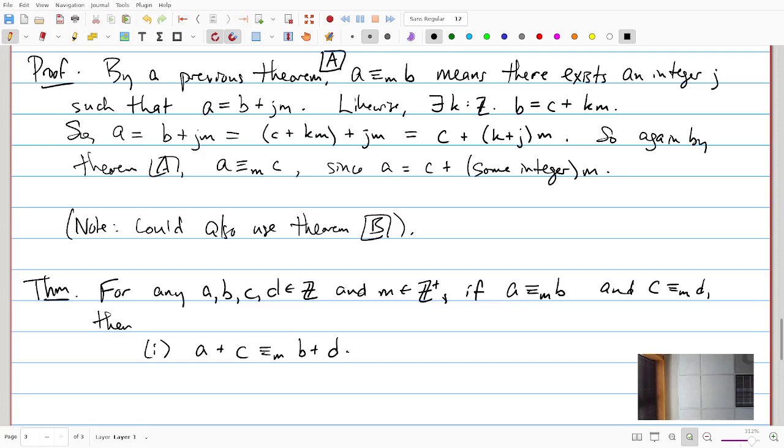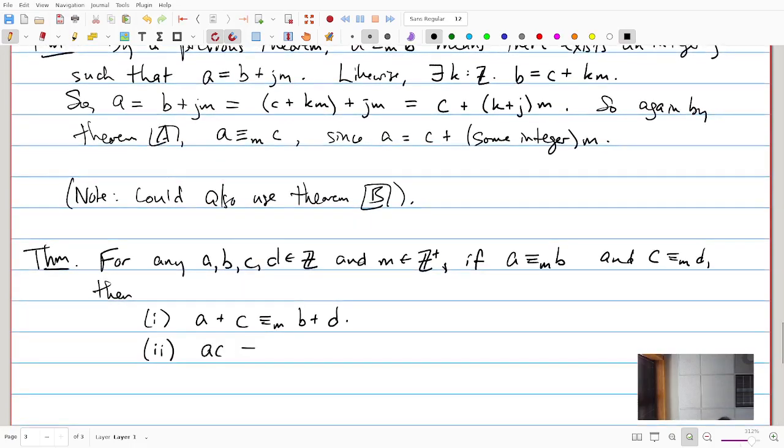And the same thing is true for multiplication. So AC is equivalent modulo M to BD.